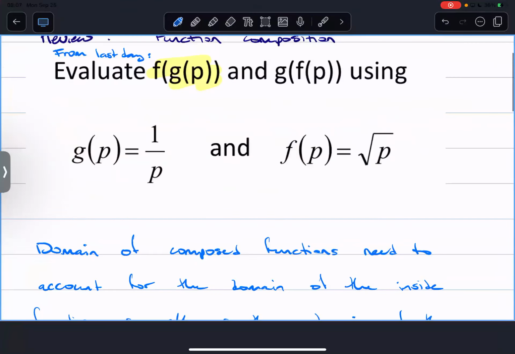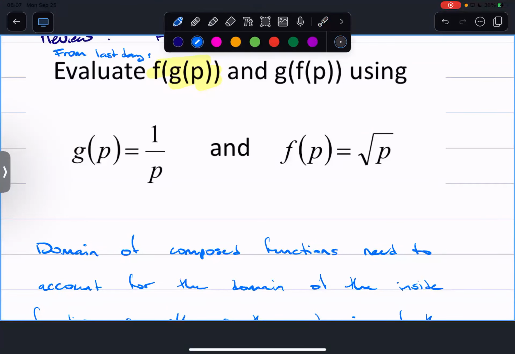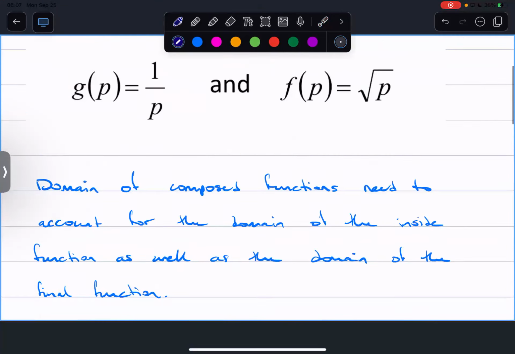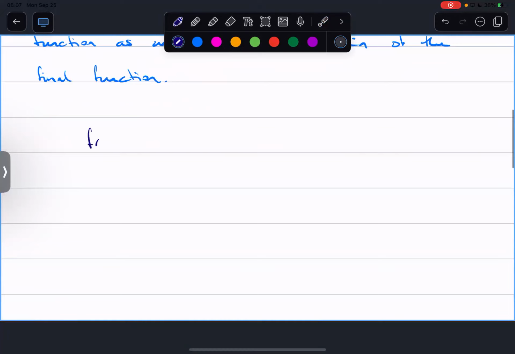So if we want to find f of g of p, what we're saying is that we need to find the domain of g of p.